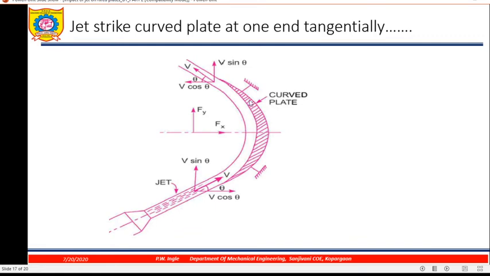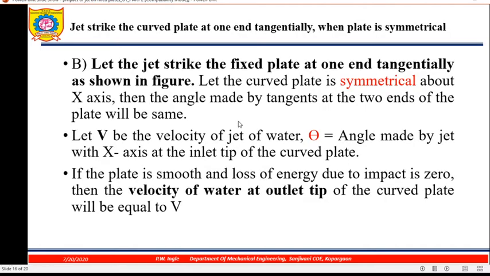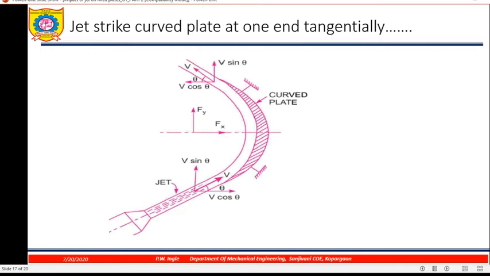Similarly, at the outlet, v again has two components, v cos theta and v sin theta. The plate is smooth, that's why the velocity of water at the outlet tip is also v, but it will have two components. This is the symmetrical case, so this angle is also theta and this angle is also theta.